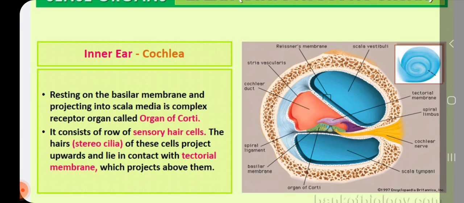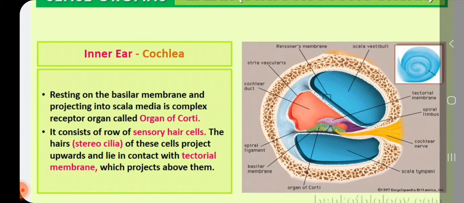The resting membrane which is present on the basilar membrane and projecting that into scala media, which is a complex receptor organ called the organ of Corti.